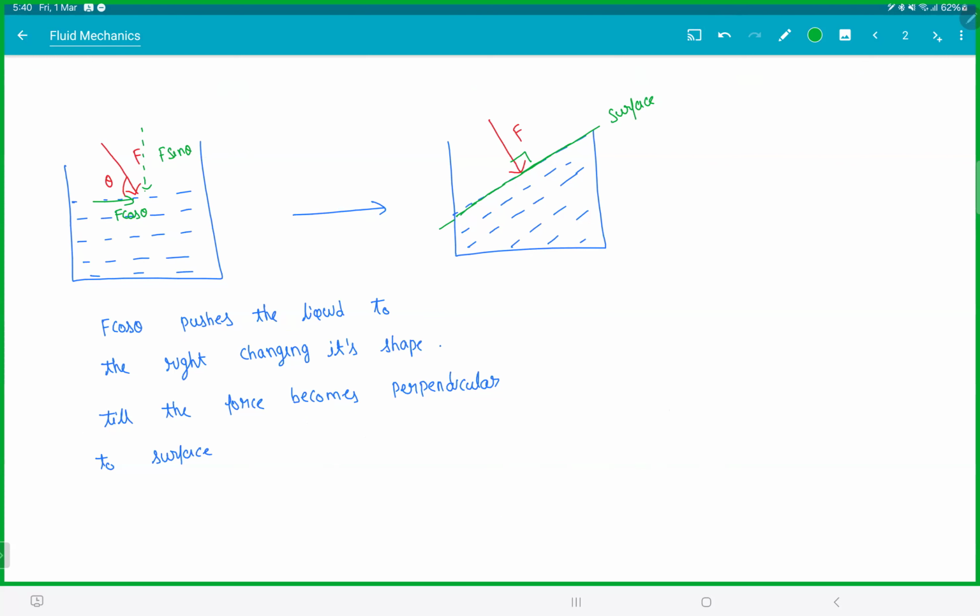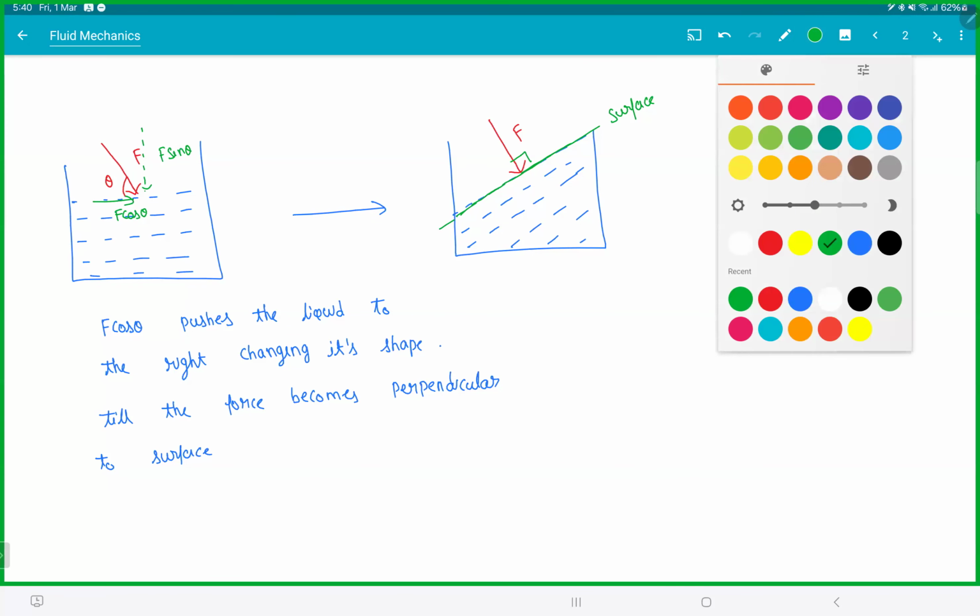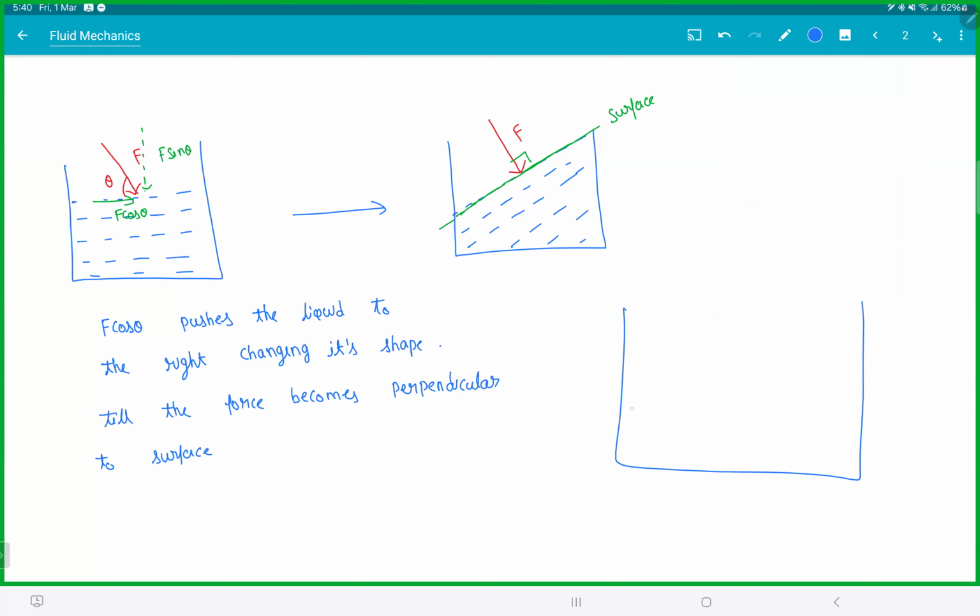So it is always that way. If it is not perpendicular, then what will happen? The F cos theta will move the liquid till it becomes equal. I'll give you a crude example. Think of it like this. Let's say your room is filled with a lot of plastic balls. Let's say every second you're throwing 100 balls per second this way. After some time, what will happen? The balls will start piling up like this, right? They'll start coming at an angle.